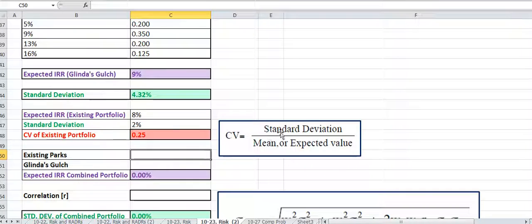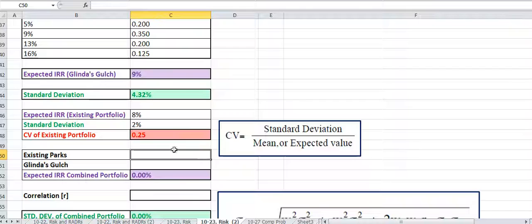The standard deviation is in the numerator. You want that to be low, because you want this to be low. I'm talking in opposites here. You want the numerator standard deviation to be low, and you want the expected value in the denominator to be high, and that's going to give you a low coefficient of variation, which is a low risk. Okay. Let's keep going here.